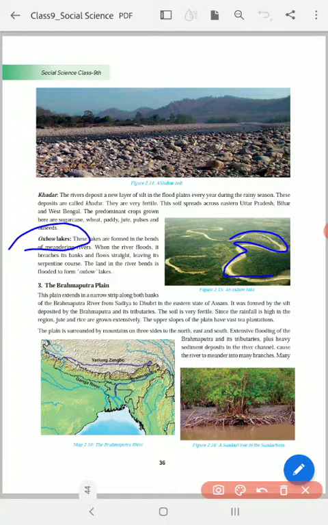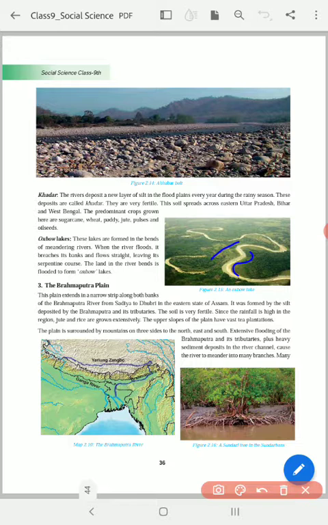So instead of going through this path, the river passes in a straight line. When the river floods because of rain, it breaches, meaning breaks, its banks. This we call the river bank.